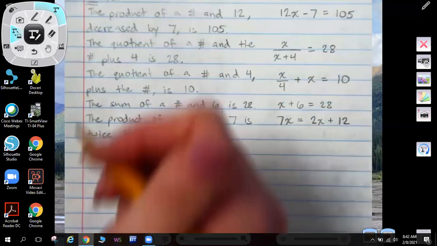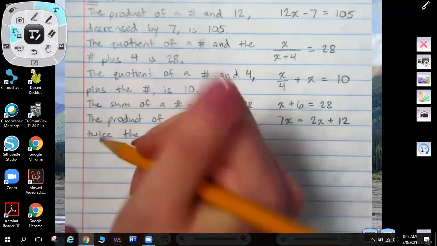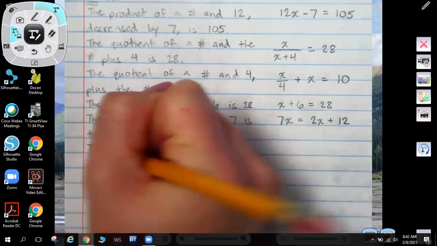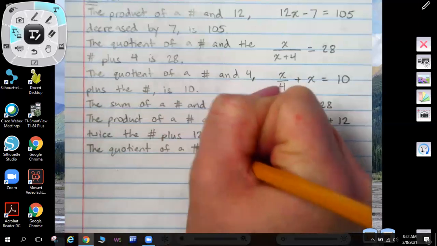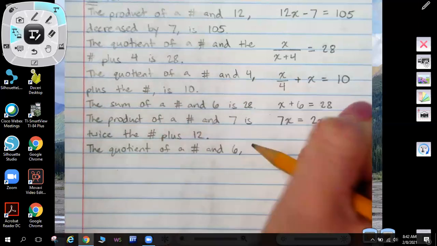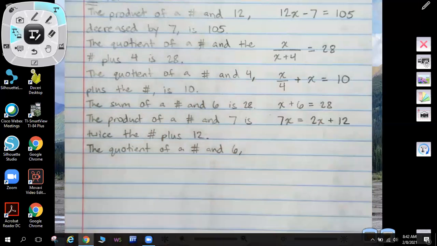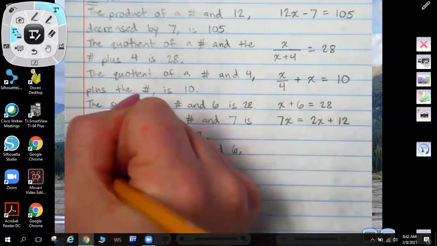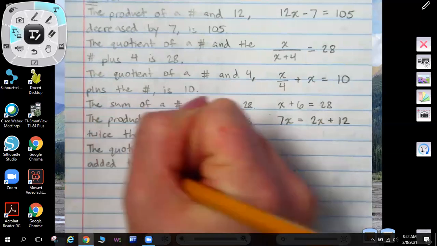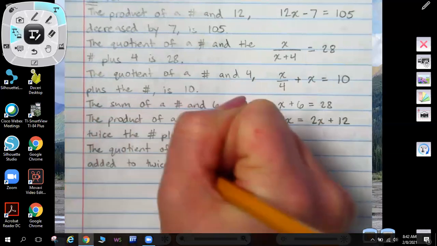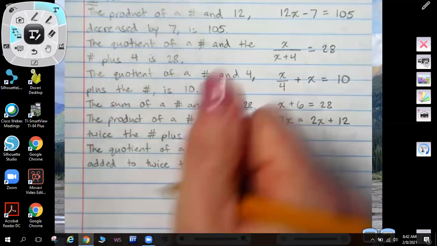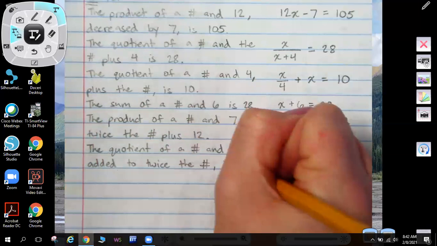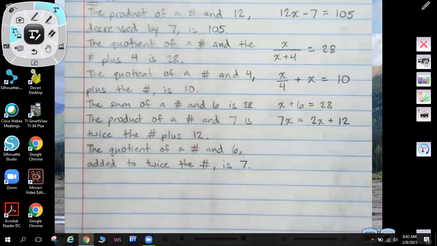One more. The quotient of a number and 6 added to twice the number is 7.